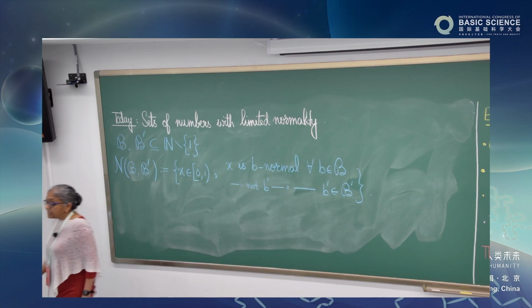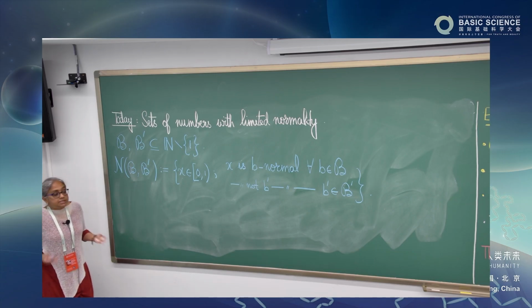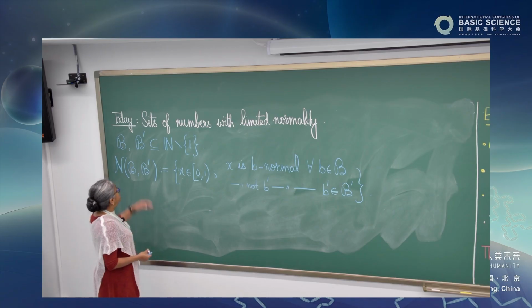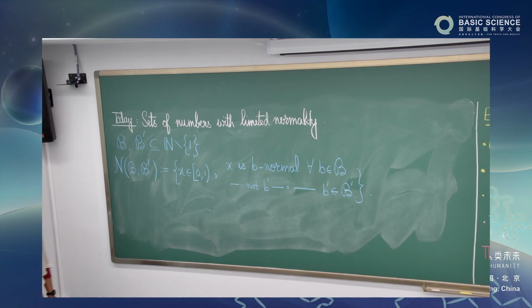Now, obviously, we want to know if such a thing makes sense, and there are some trivialities we have to get rid of. For example, if B and B prime have non-empty intersection, then obviously this is empty. So those sorts of things.